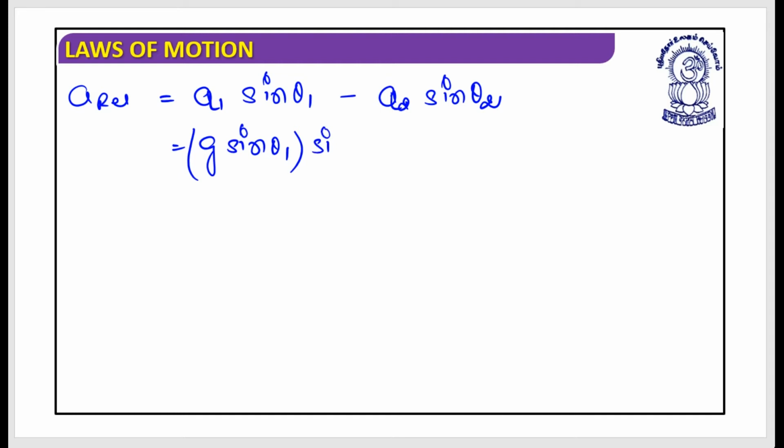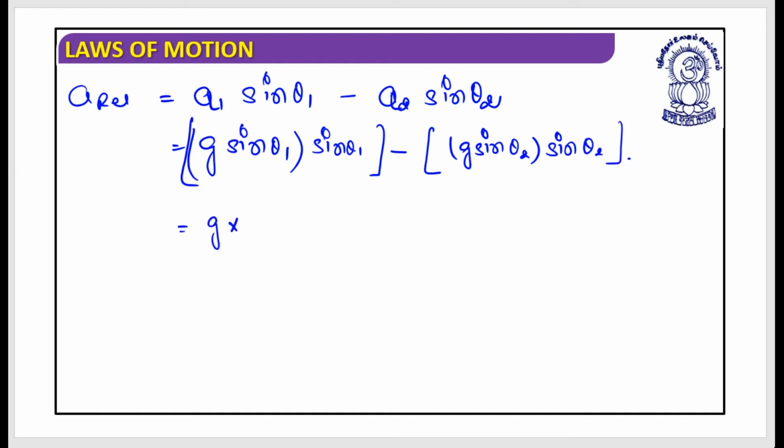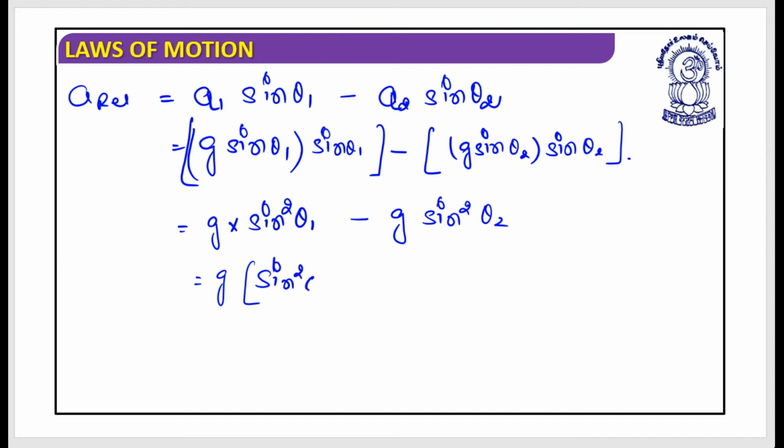Now while I write a1 sine theta 1, it is g sine theta 1 multiplied by sine theta 1, minus g sine theta 2 multiplied by sine theta 2. So this is g into bracket sine square theta 1 minus sine square theta 2. This is equal to g into bracket, the first angle is 60 degrees, so sine square 60 degrees minus sine square 30 degrees.